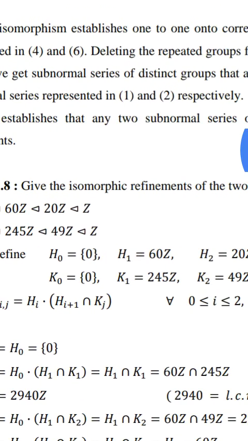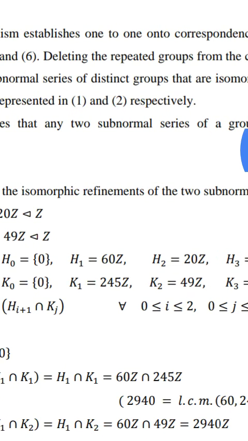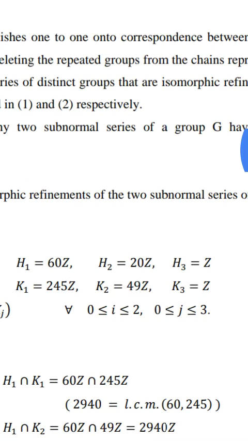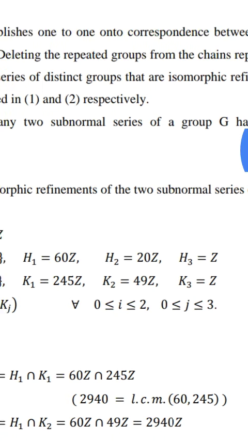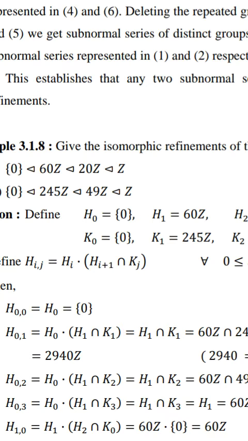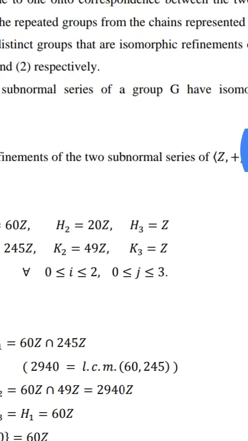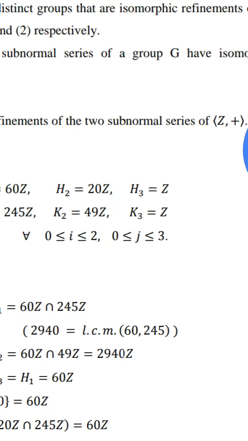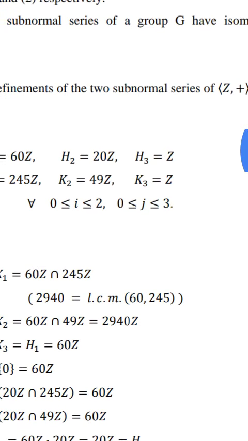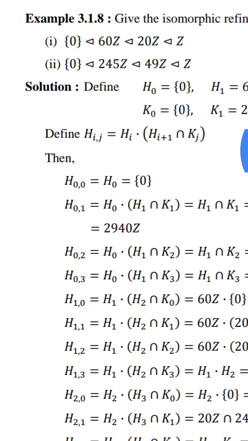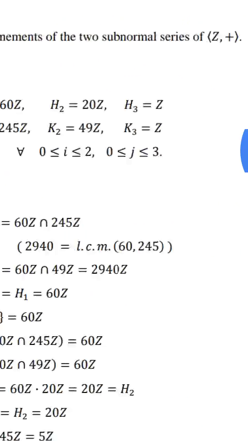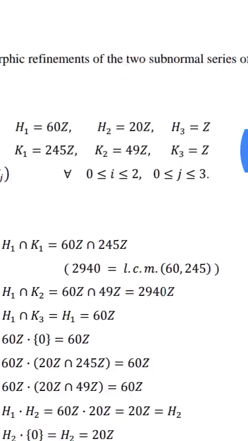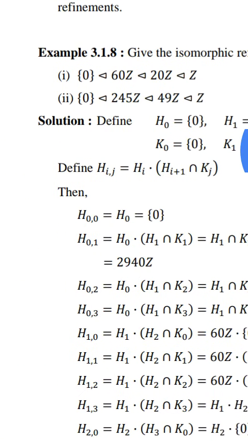Define H0 = {0}, H1 = 60Z, H2 = 20Z, H3 = Z. K0 = {0}, K1 = 245Z, K2 = 49Z, K3 = Z. Define Hij = Hi(Hi+1 ∩ Kj) for all 0 ≤ i ≤ 2, 0 ≤ j ≤ 3.